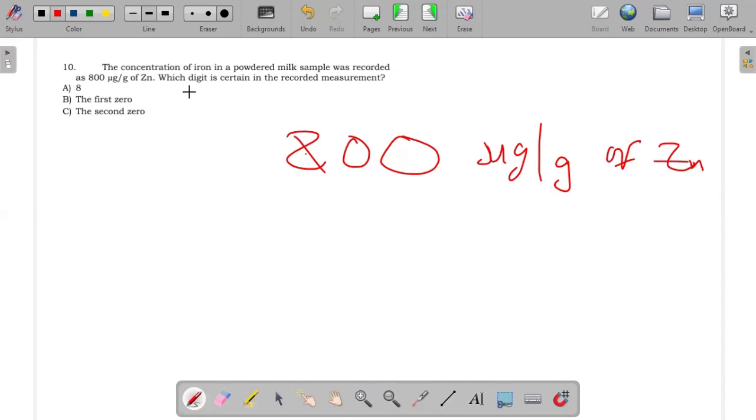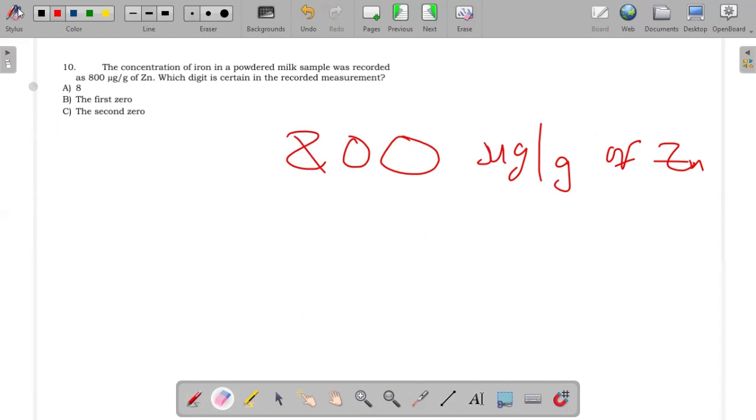So the question now is which digit is certain in the recorded measurement? Which digit is certain? Anyone who can try? Which digit is certain there?